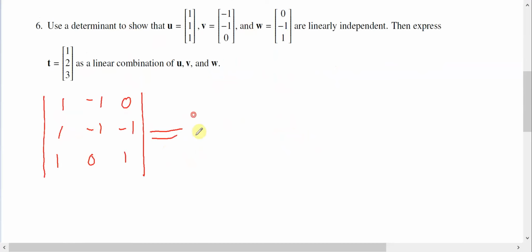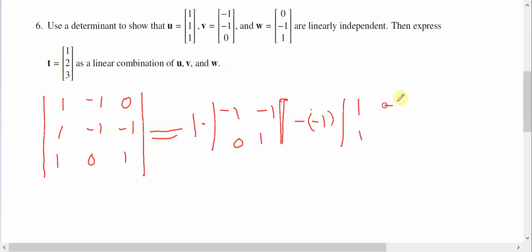I'm going to go across this top row. I get 1, eliminating the top row and the first column. The leftover determinant is -1, -1, 0, 1. And then minus, next I'm going to do -1, and covering up the middle column in the first row, here's what's left, 1, 1, -1, 1.